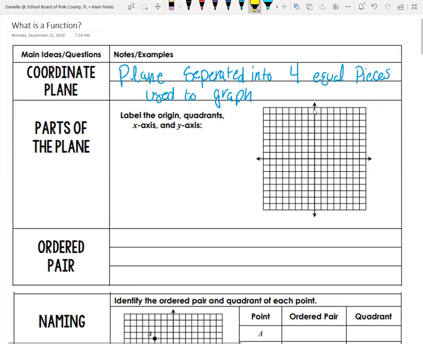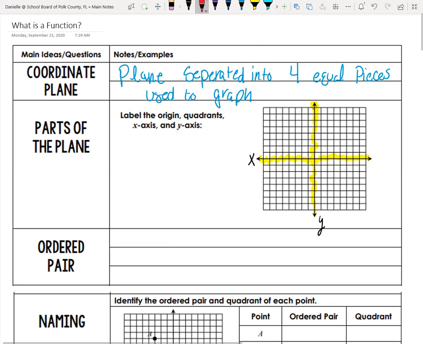I am going to highlight my axes because they're a little difficult to see. And things we remember. We know this is X and this is Y. X goes left to right, Y goes up and down.